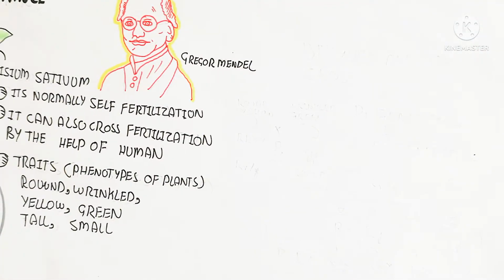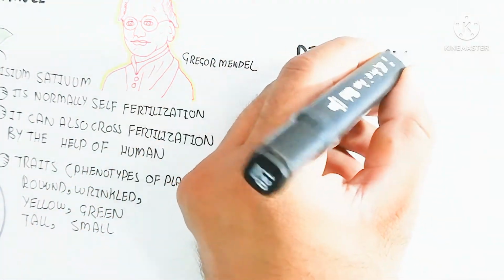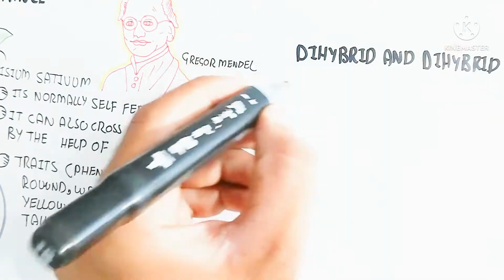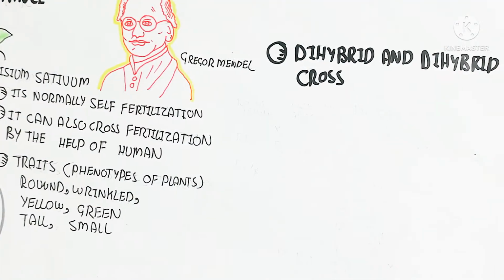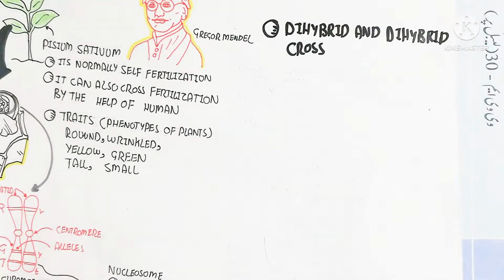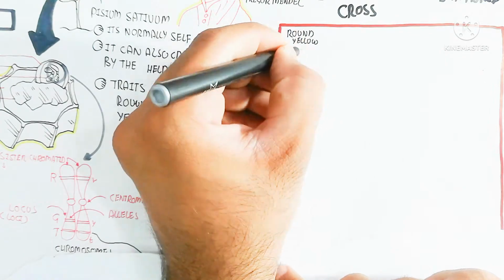So let's begin to understand the dihybrid cross. Dihybrid means that two or more phenotypes are produced from the genotype. For example, this is round as well as yellow.